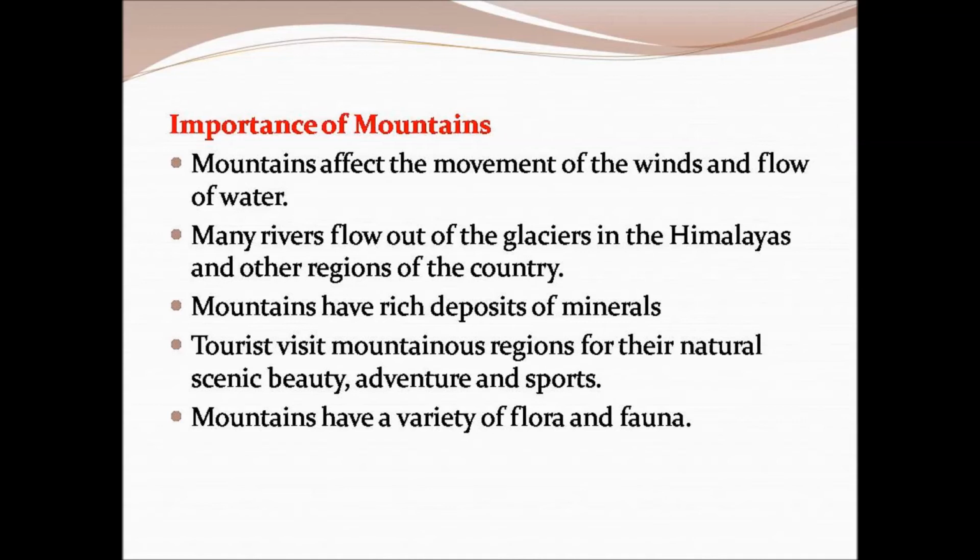Second point, many rivers flow out of the glaciers in the Himalayas and other regions of the country. These rivers provide water for agriculture and other uses to people living in the plains. We have studied that frozen rivers are called glaciers.